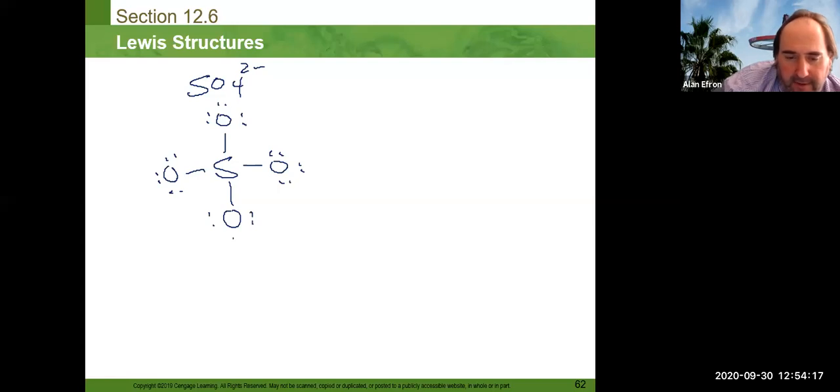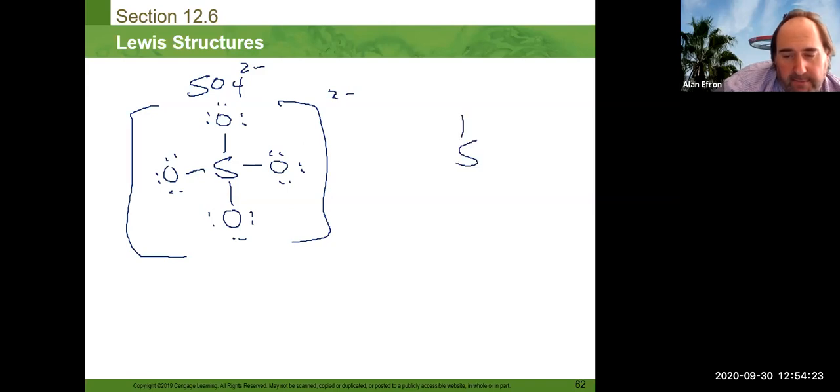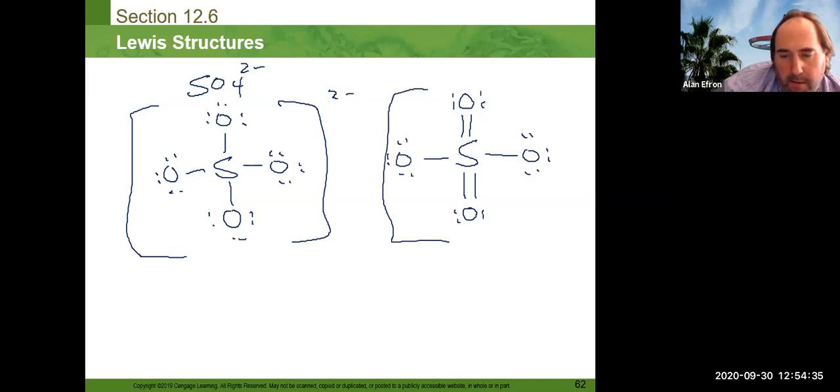For SO4 2-. And if you Google like sulfate or something like that, you will sometimes see it drawn like this. With 2 double bonds, which means that our sulfur in the middle, in this particular case, has 2, 4, 6, 8, 10, 12 electrons.